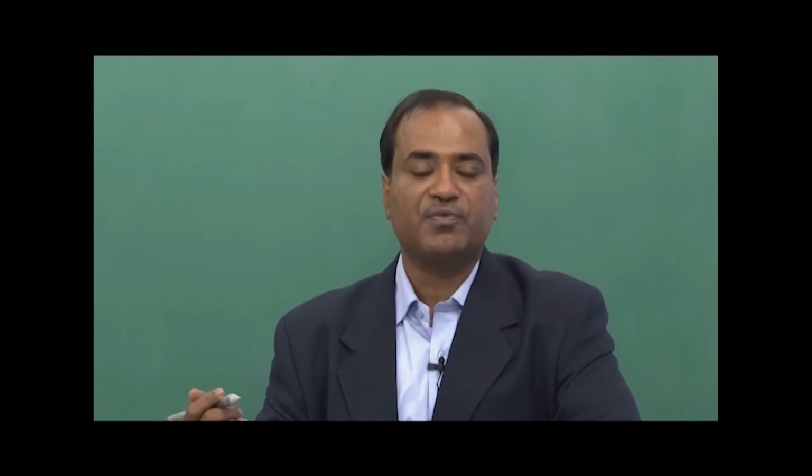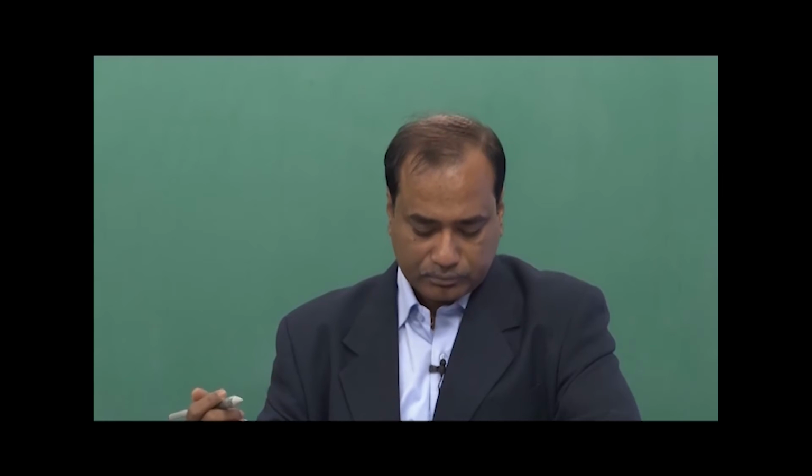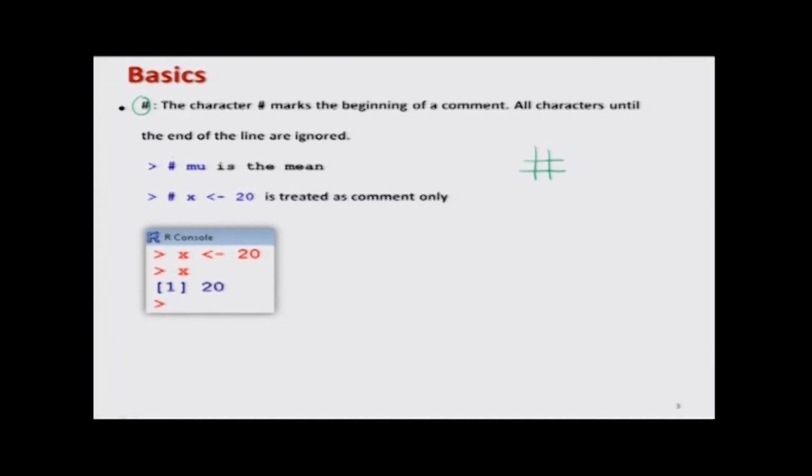Whenever you want to write a comment, you simply write it starting with the hash sign. You can see here, for example, when I write x less than hyphen 20, this is taken as a mathematical statement, but when I put the hash sign here, it is treated only as a comment.